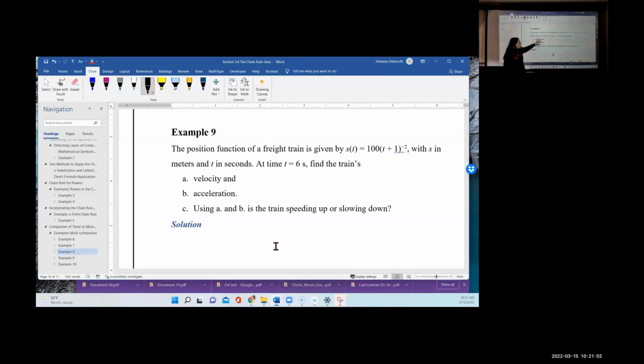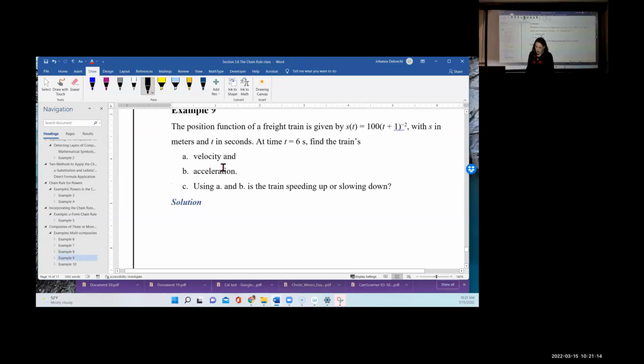And then using that information, at 6 seconds, is it speeding up or slowing down? So at 6 seconds, we want to find the velocity and the acceleration. So remember, v of t is the derivative of the position function. So velocity is going to be the derivative of position, which means that I can take the derivative of this using the chain rule for powers.